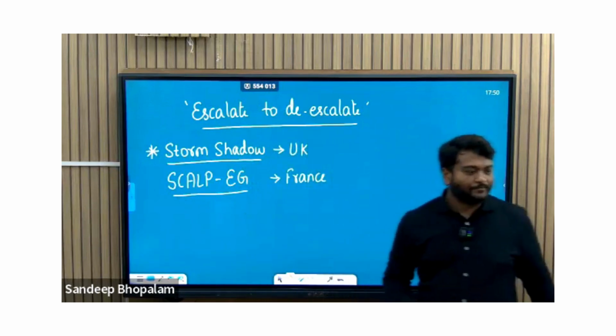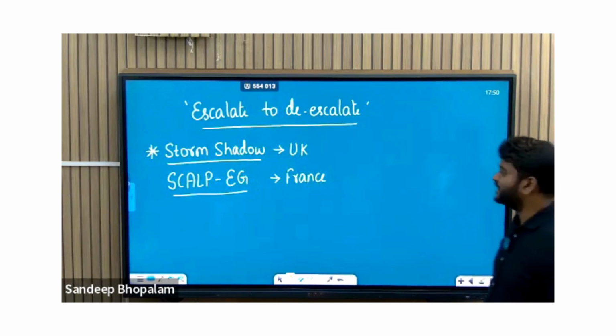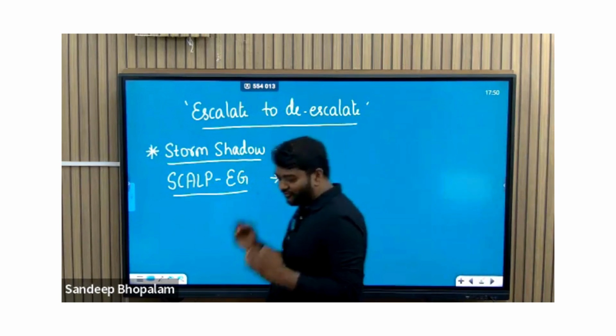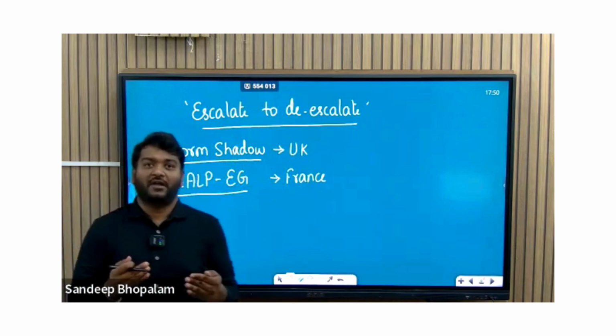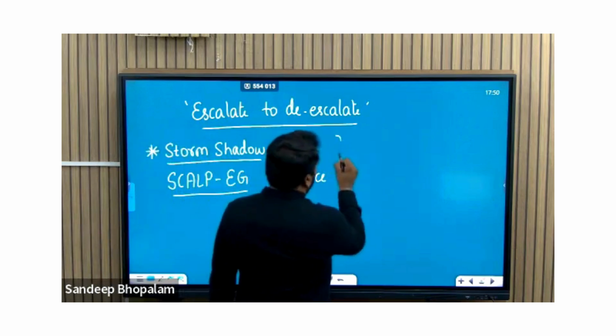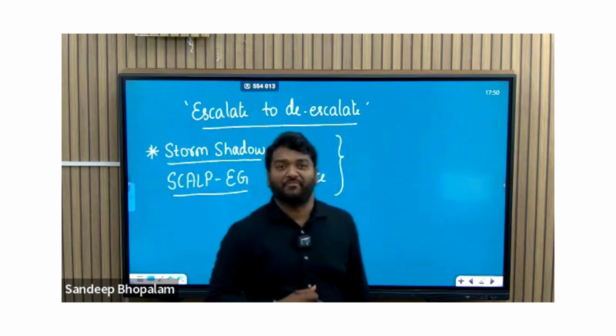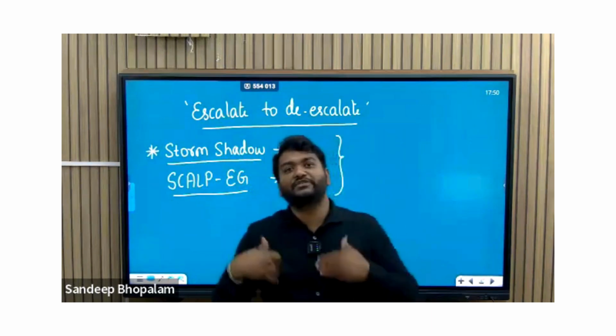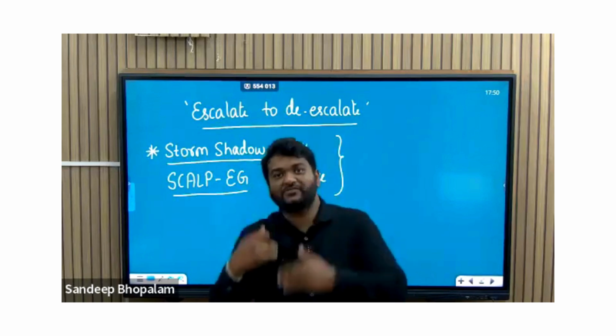Fine. Now, please understand, if the UK, France, the US, anyone gives weapons, is there anyone to question them? Think about it. Can I give some weapons to someone? Can I take weapons from someone?